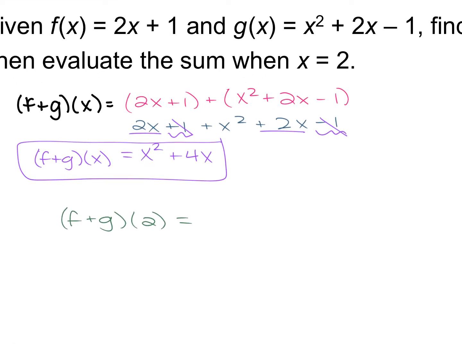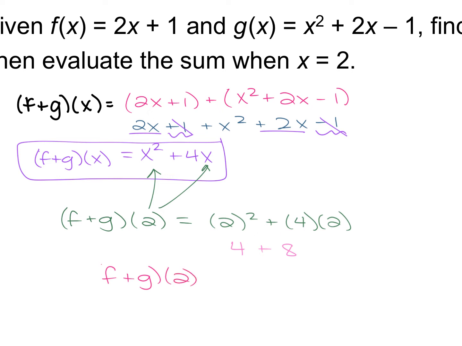Now what we do is we plug in that 2 for x anywhere in that sum. So that's going to give us 2 squared plus 4 times 2. That 2 squared is 4. 4 times 2 is 8. 4 plus 8 gives us that f plus g of 2 is equal to 12.